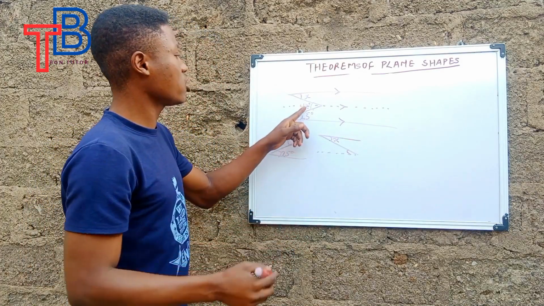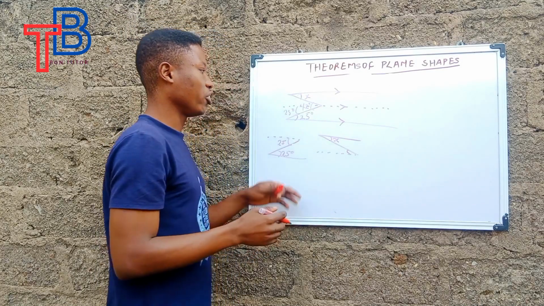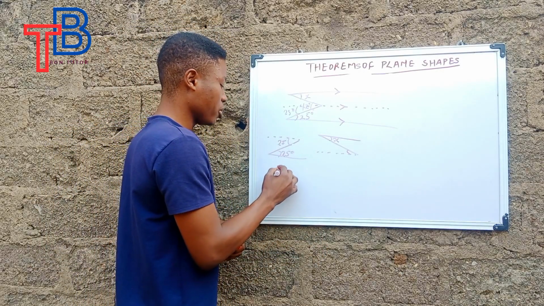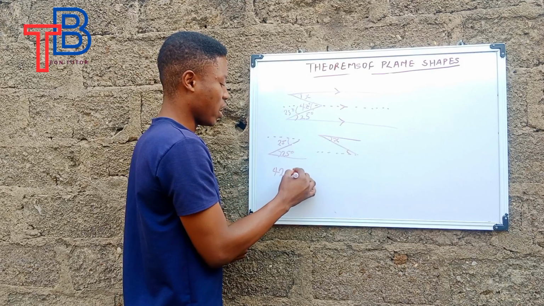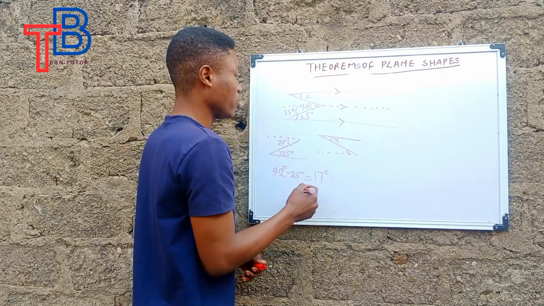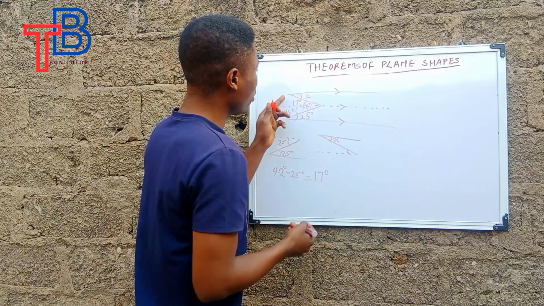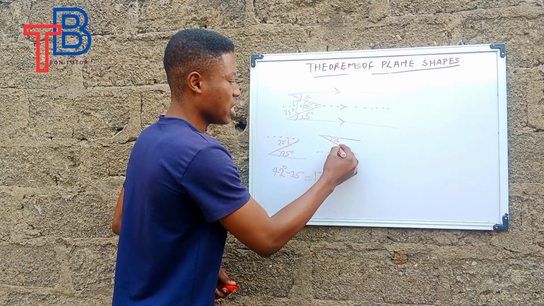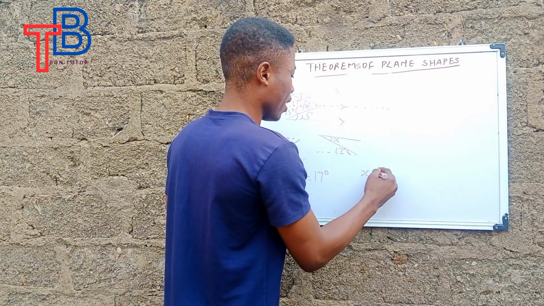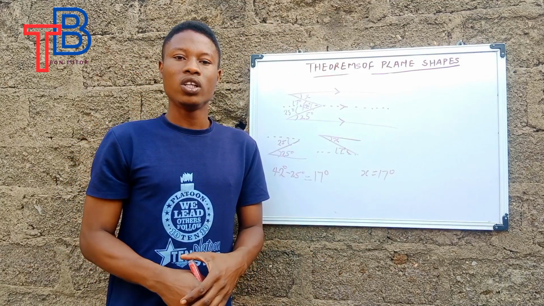If this small portion here is 25 degrees, that means we can get the remaining portion, which will be 42 degrees minus 25 degrees, and your answer is 17 degrees. So the small portion up here is 17 degrees, which means here is 17 degrees, and we said they are alternate angles, so our x is 17 degrees. That is another way you can tackle the question.